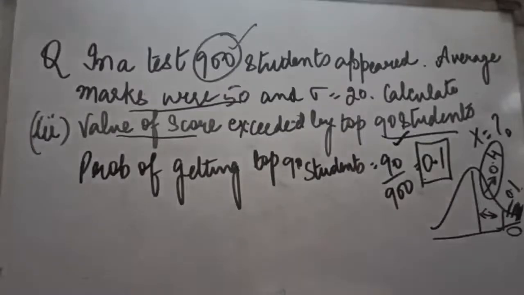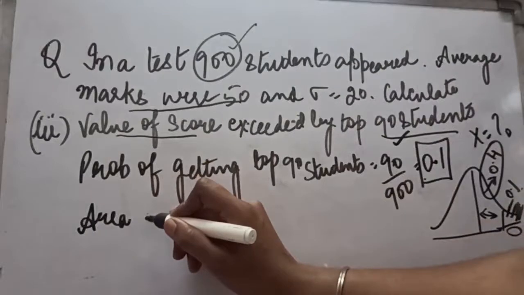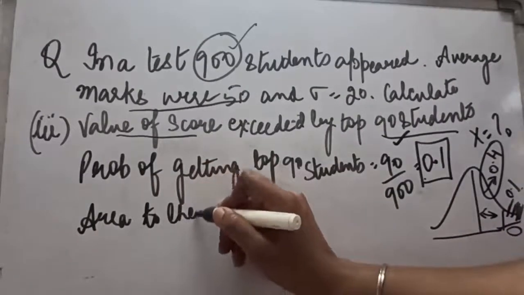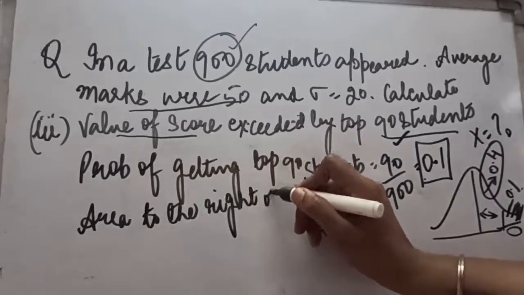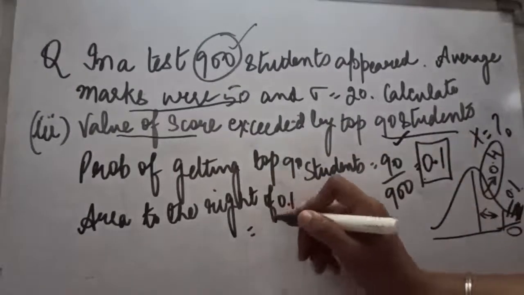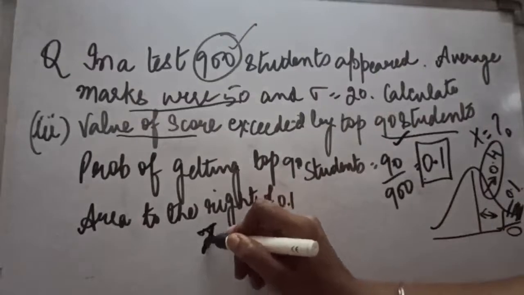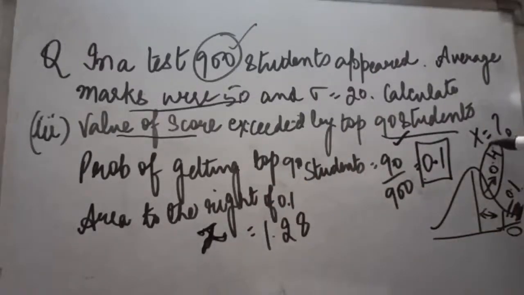So now we will write that the standard normal variate to the right of 0.1 is equal to, now we have seen this is our Z. Z's value has come 1.28. We have seen that 0.4 was located at 1.2 and under 8.